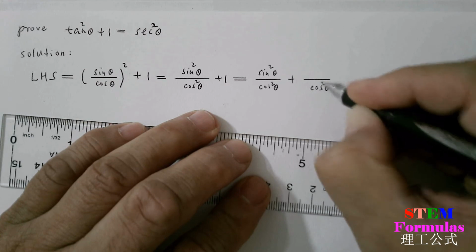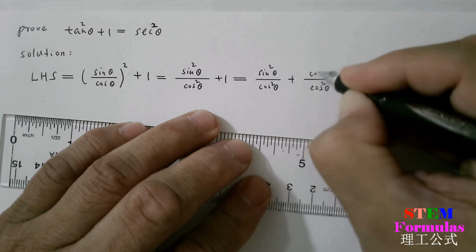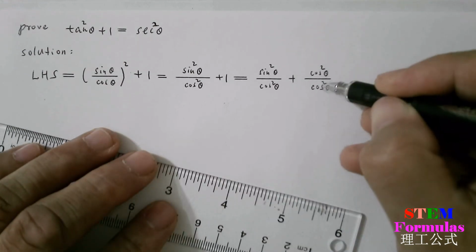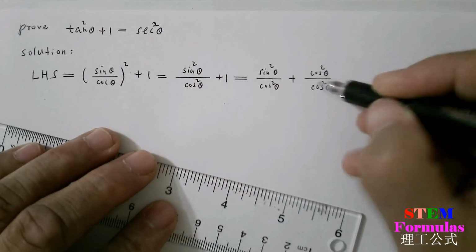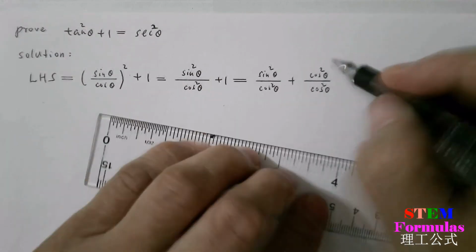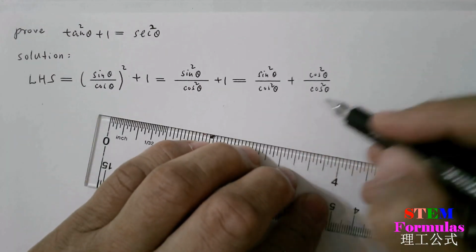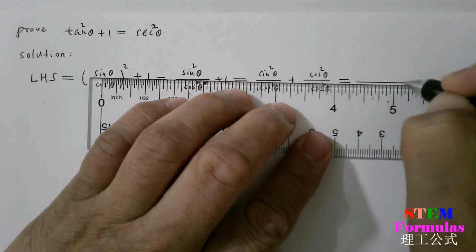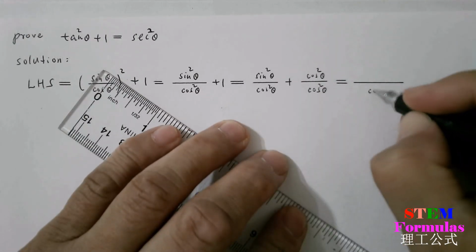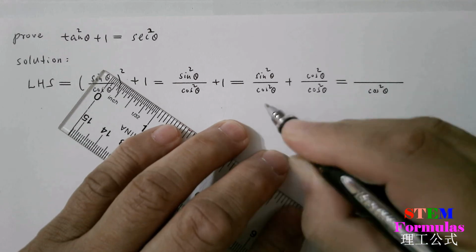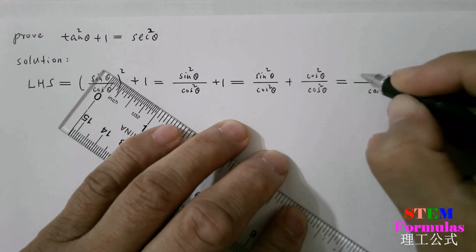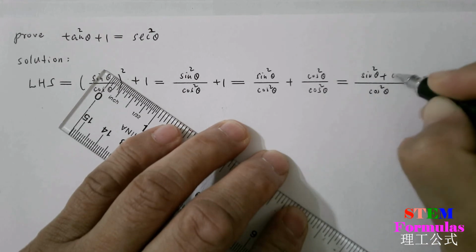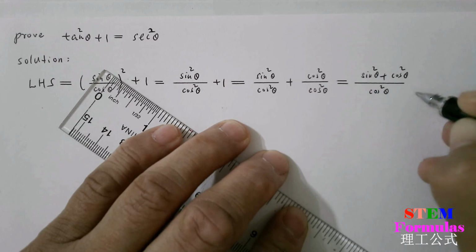I can convert the 1 to cosine theta square over cosine theta square. So cosine theta square divided by cosine theta square is 1. So now I have the common denominator. So equal, cosine theta square on the bottom, and on top, sine theta square plus cosine theta square.